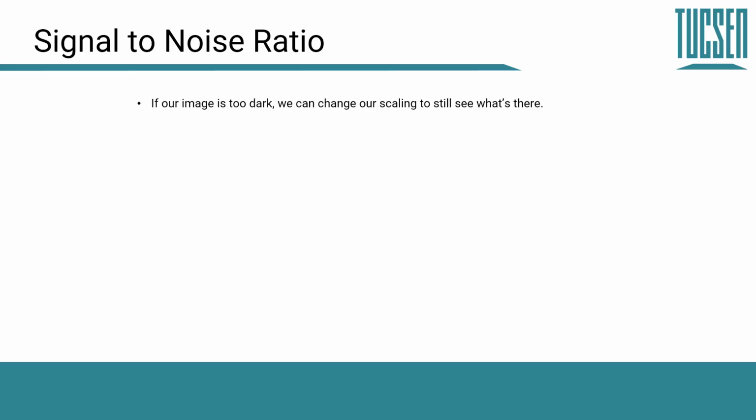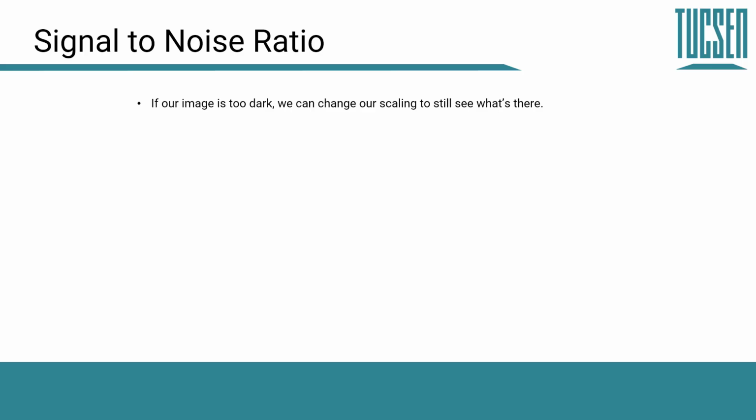In many cases, if we reduce, say, our exposure time or our illumination intensity, we might not really notice much difference, initially at least, in our image. Maybe our signal-to-noise ratio is really good, and we don't notice much difference because our image scaling will be adjusting automatically, for example, to cope with that change in intensity.